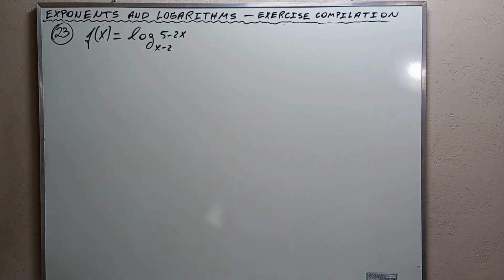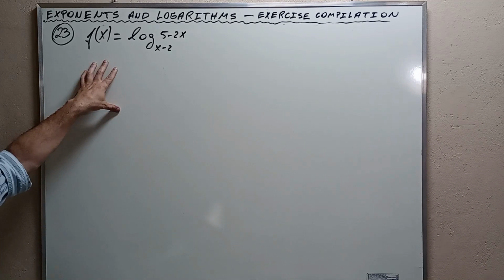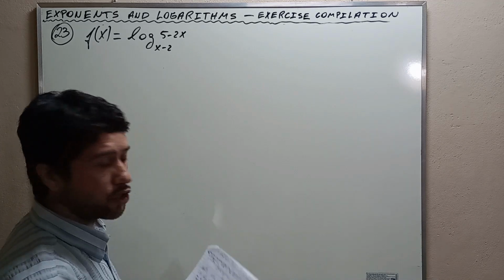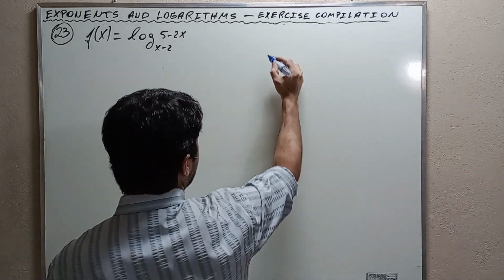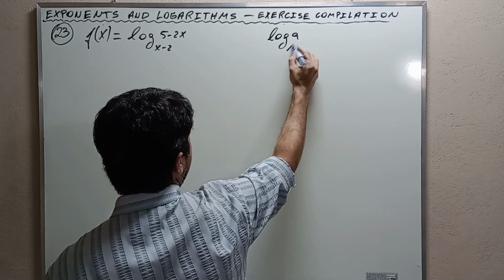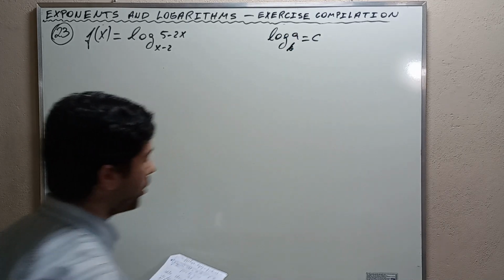Exercise number 23 now. What is the domain of this function? Okay? To solve this exercise, we have to firstly understand that by definition, the logarithm of a base b is equal to c.